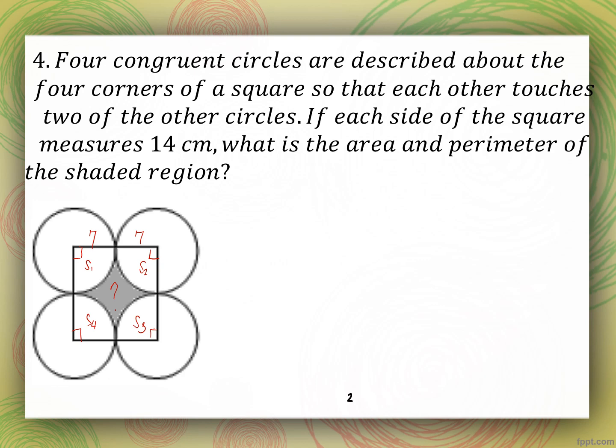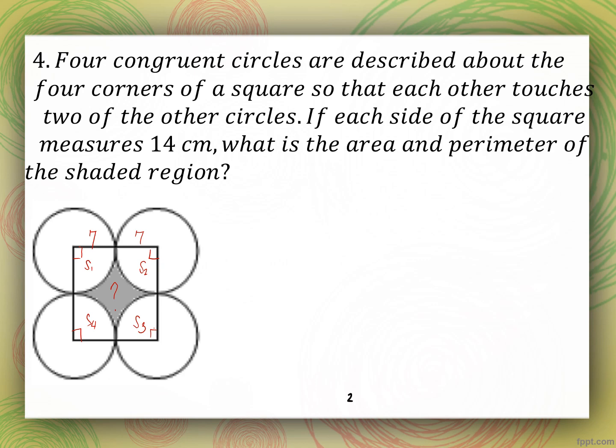So if we think about it, we have four sectors. They are all right angles. So if we put together all four sectors, we form one whole circle, since all the sectors are equal, from four congruent circles, right? So here's what we will do.